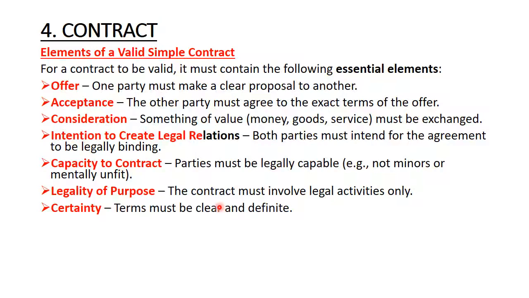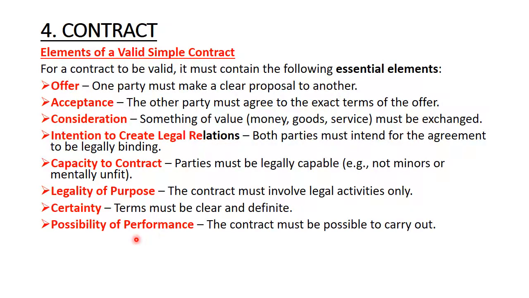For example, if you offer your customer 2 kg of sugar every week, it's clear, everyone understands. But if you say we'll be giving you 2 kg of sugar, but sometimes we'll be thinking about whether we can give you depending on what we want, but we'll see, it's not clear. You are moving in circles. So the terms must be clear and definite.